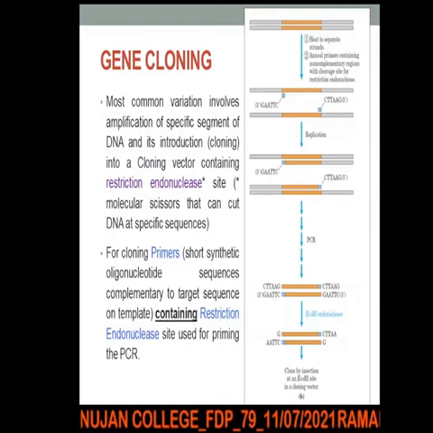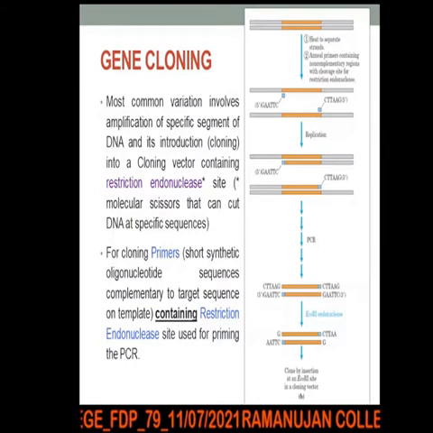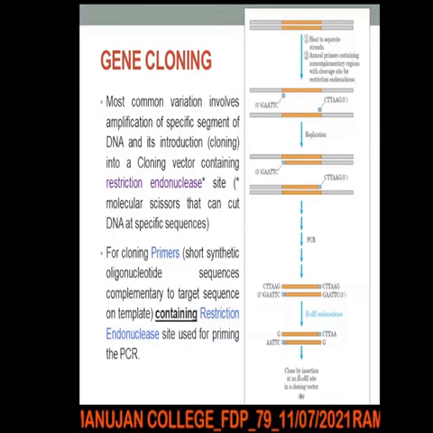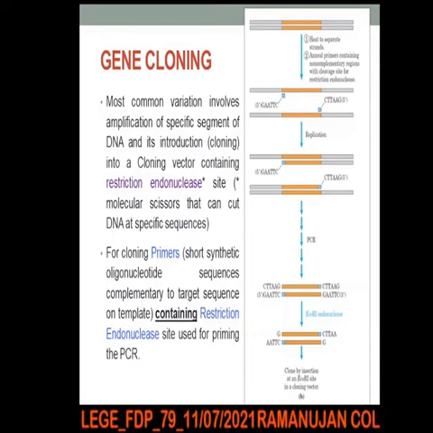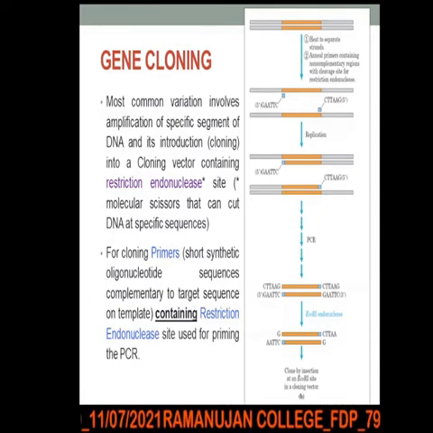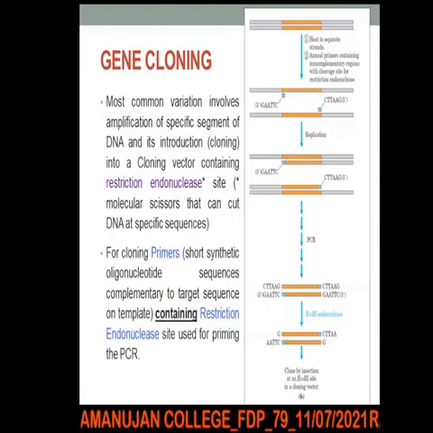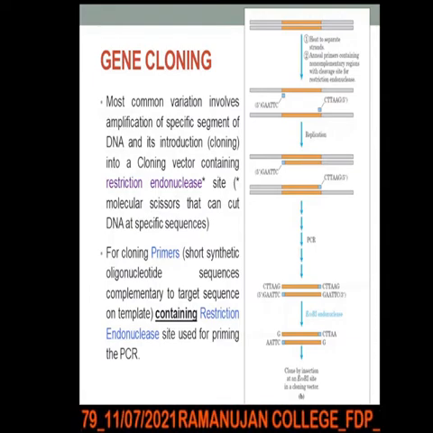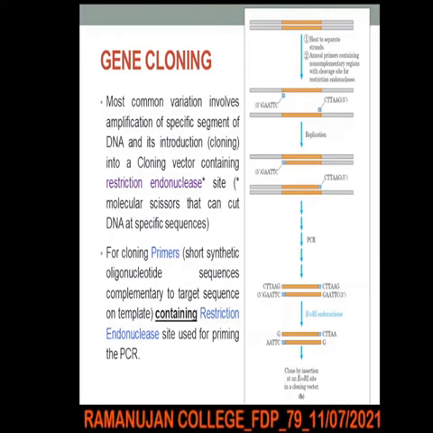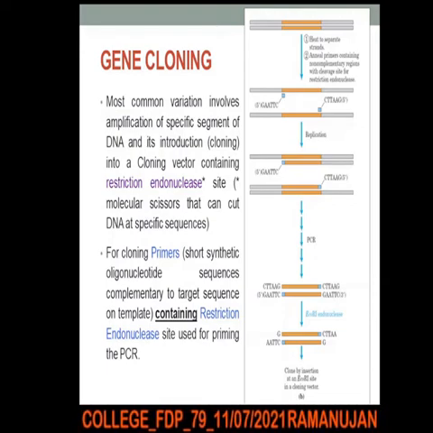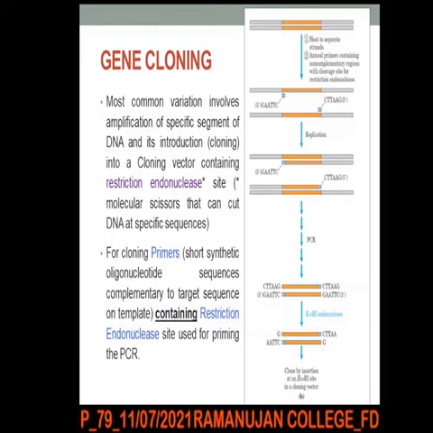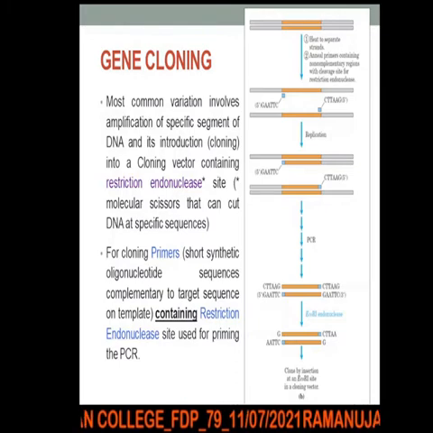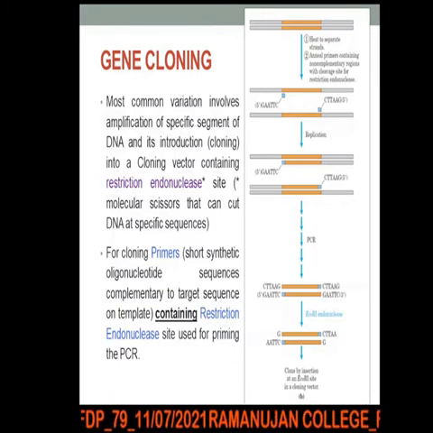So once you have these EcoR1 staggered ends in your cloning vector and your PCR amplified product, if you put them together, the complementary sites present on the amplified DNA that has been cut with EcoR1 are going to bind with the complementary sites present on your cloning vector.